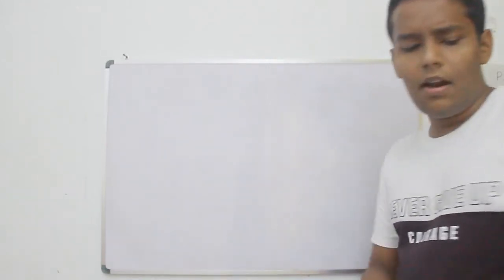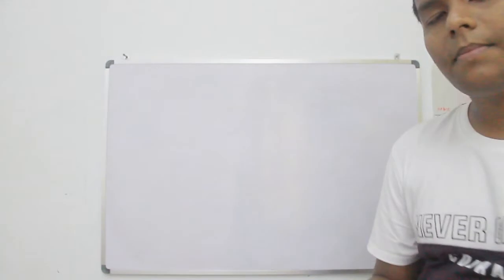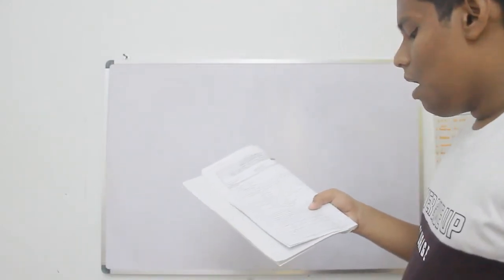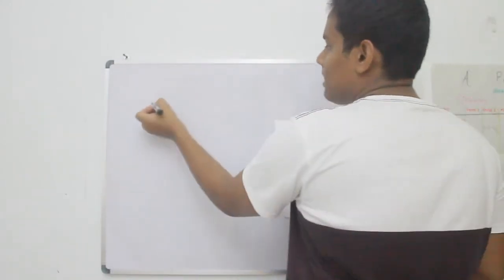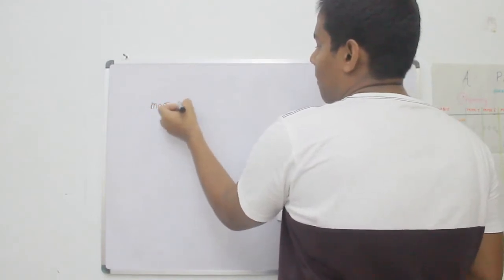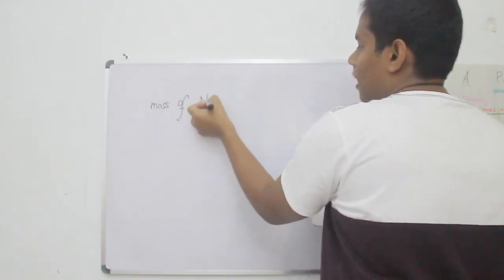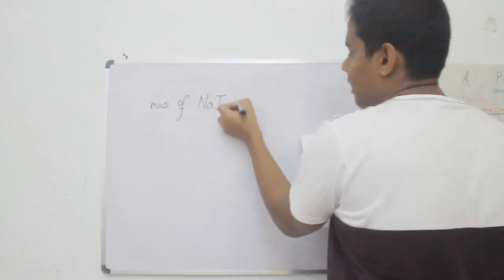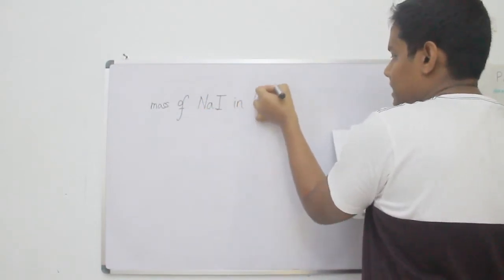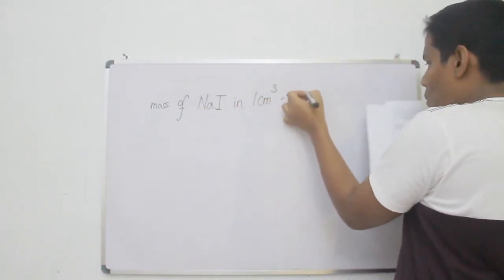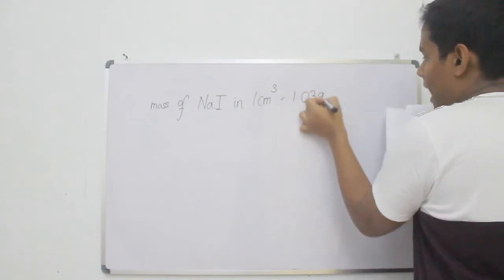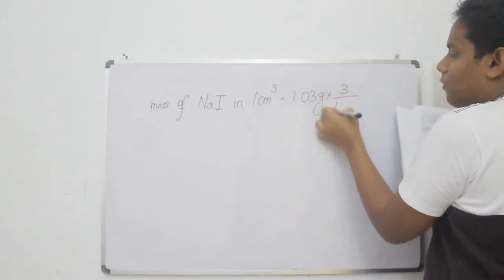But what is density, first of all? Density is the mass of a particular substance in 1 cubic centimeter. So you know that the mass of NaI in 1 cubic centimeter will be 1.03 grams and 3% of that.